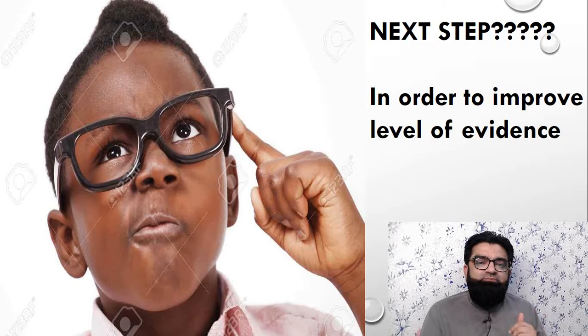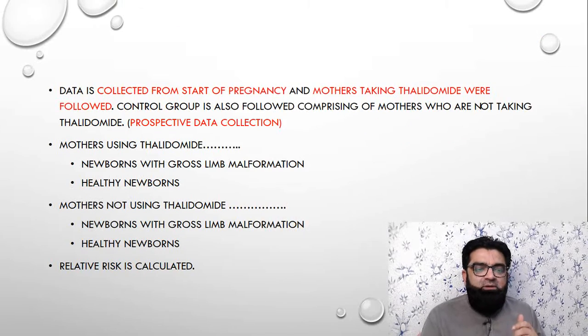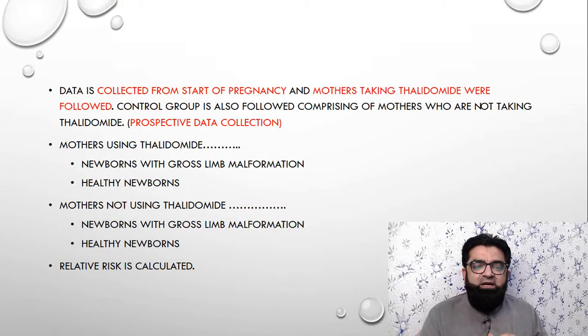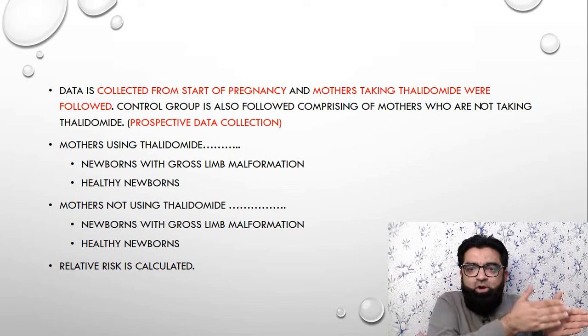Next step, we have done the case control study. How can we further improve the level of evidence? Now the data is collected from the start of pregnancy, not from the end of pregnancy. Mothers taking thalidomide were followed in a prospective manner.